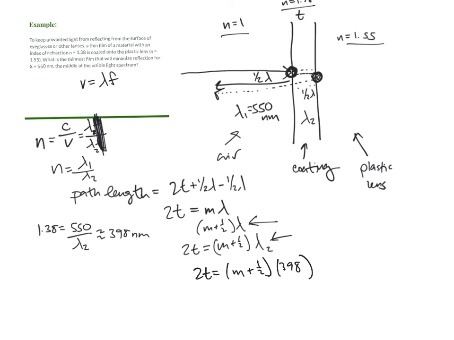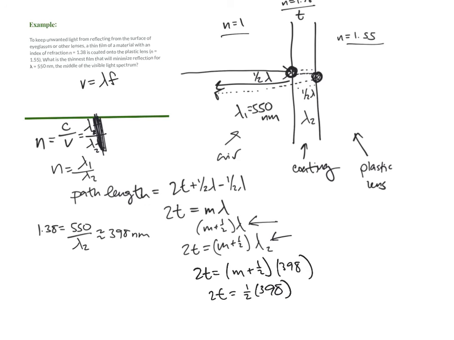So you need to find the number that will minimize this equation. And without looking at it too hard, you could say m equals 0 to get 2t equals 1/2 times 398. You couldn't do m equals like negative 1 or something because you'd end up with a negative thickness, which you definitely can't physically have. So your thickness still has to turn out to be positive. You choose the lowest m so that thickness is still positive and not 0.